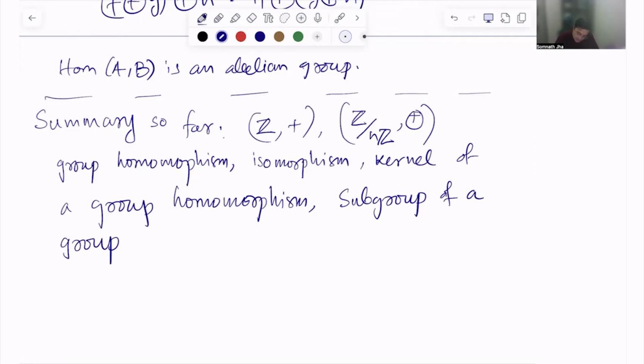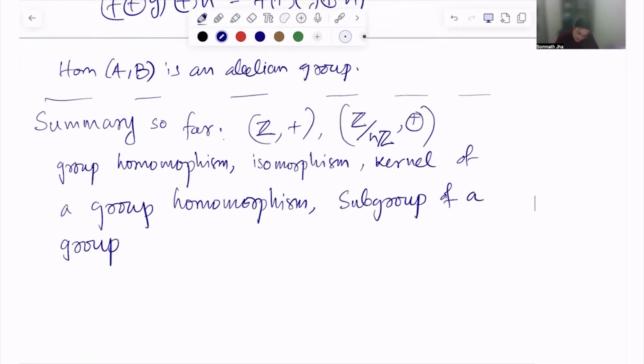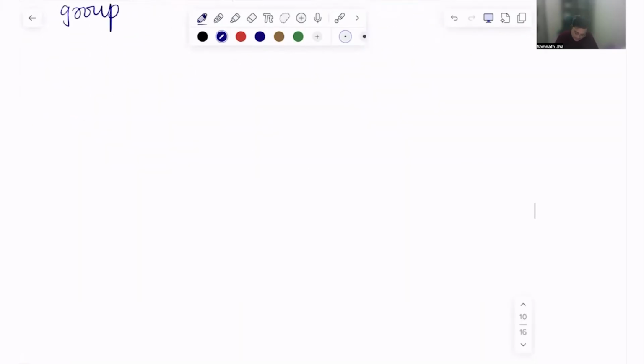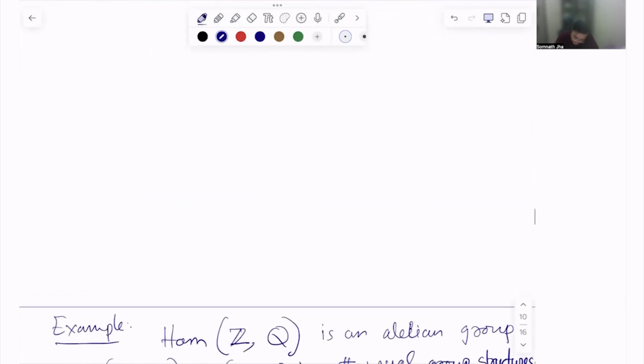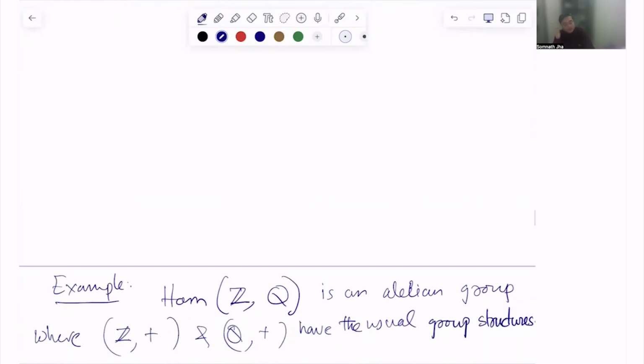So the last thing we discussed is that if you have two abelian groups A and B, then the set of homomorphisms between A and B becomes an abelian group. So let us see an example of this. You take the group Z plus, the usual abelian group, and Q plus, then you consider the group Hom of Z and Q. So we said given groups, how can you construct more groups?